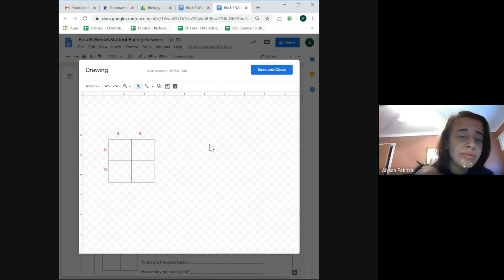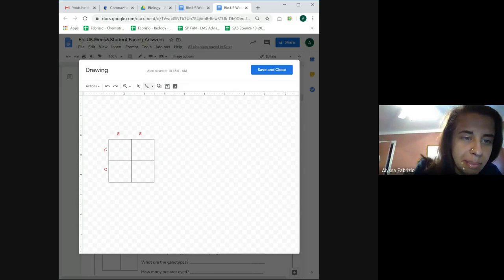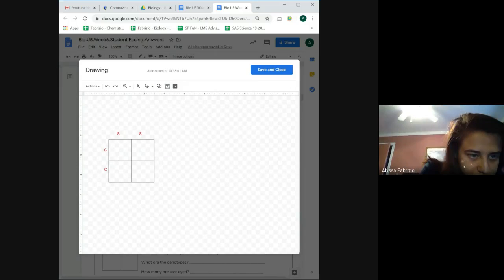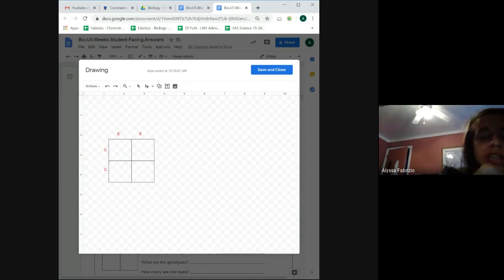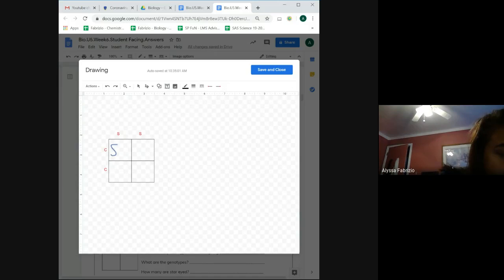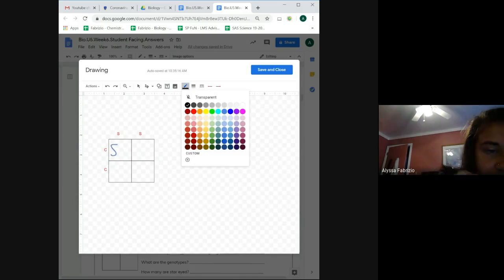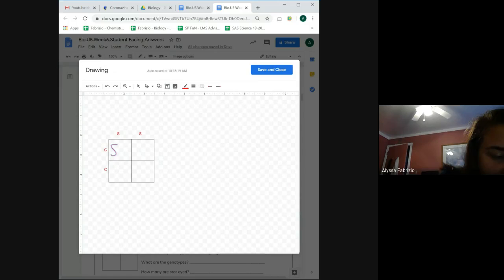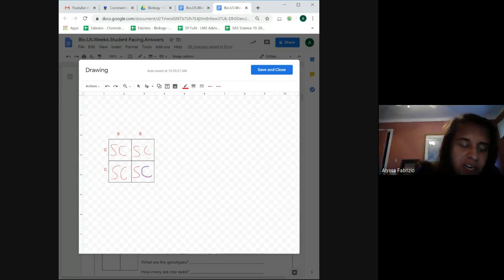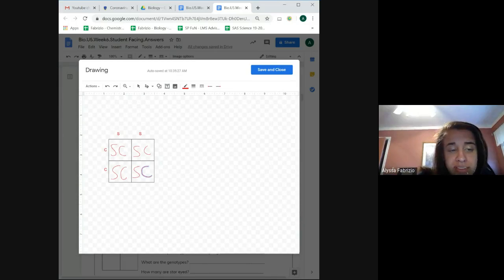Okay, so with the star-eyed, when we do a cross, they'd all be SC, SC, SC, SC. Because the star-eyed can only contribute an S allele, and the circle-eyed can only contribute a C allele.